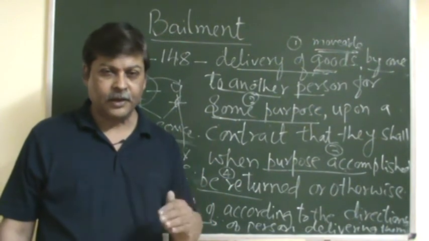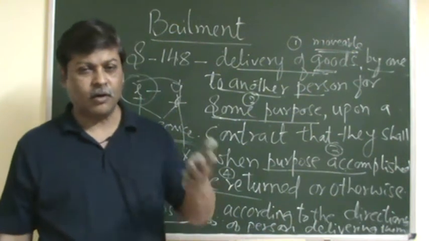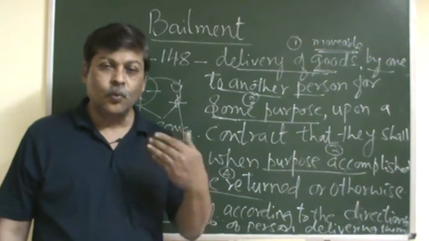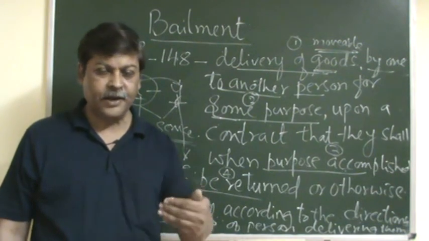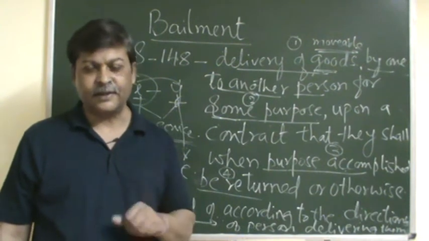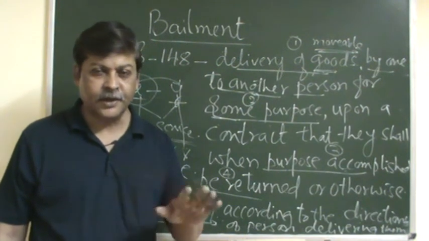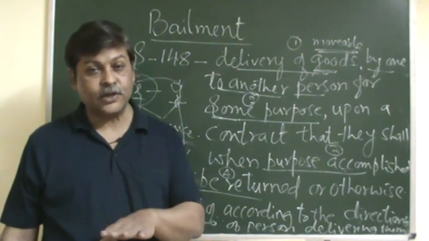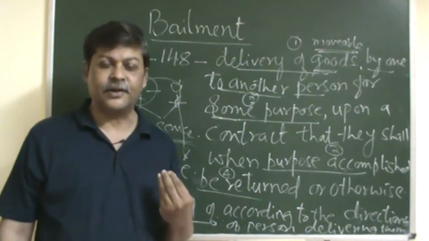And the bailment may be gratuitous bailment or non-gratuitous bailment. Gratuitous bailment means the bailment is not made with the intention to gain something, not expecting anything in return. Non-gratuitous means expecting something in return.